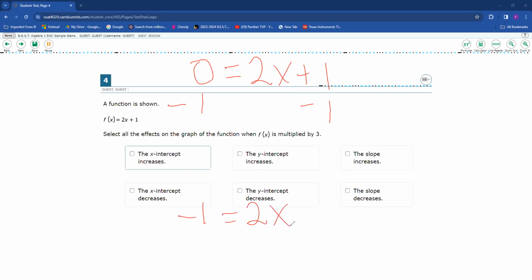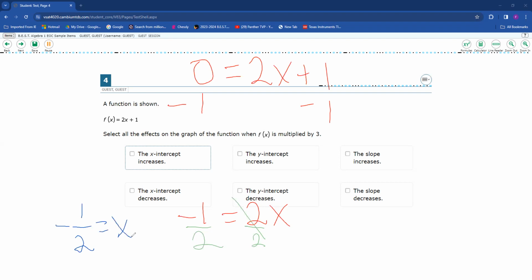Let's divide both sides by 2, and so we get that negative 1/2 is equal to x.